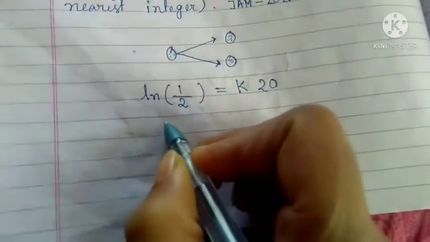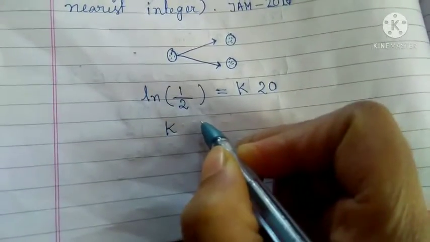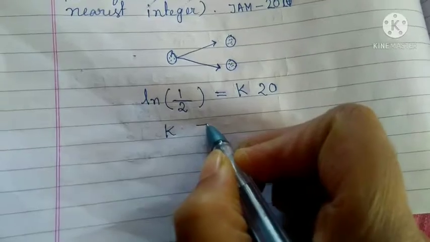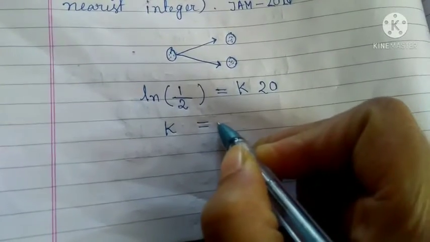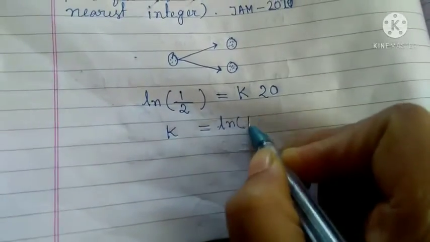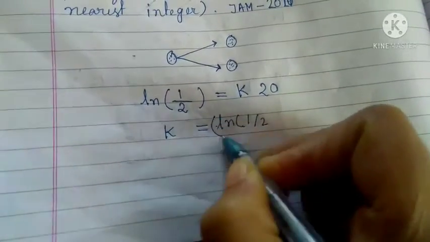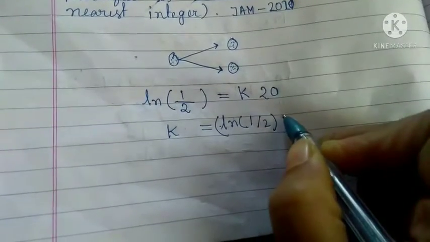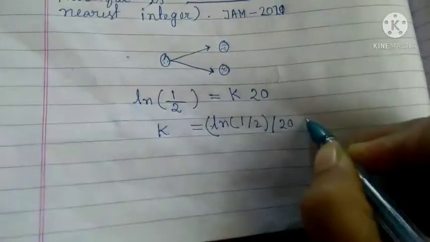So from here, the rate constant will be ln 1 by 2 divided by 20.